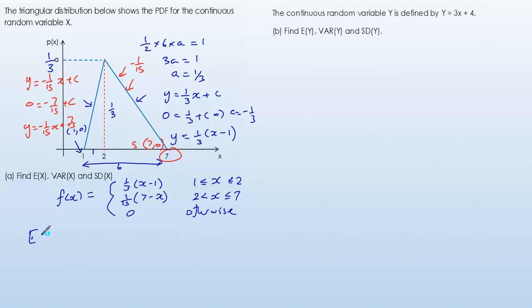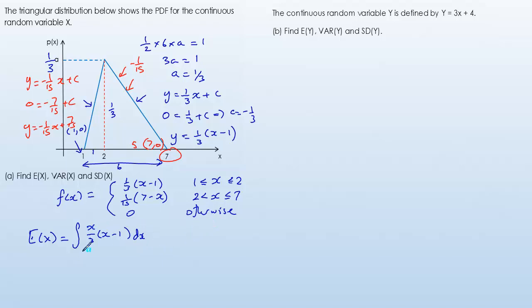So we know that expectation of x is the integral of x times f of x. We'll have to do it piecewise here, so it's going to be the integral of 1/3 x minus 1 multiplied by x. So why don't I just write that as x over 3 there.